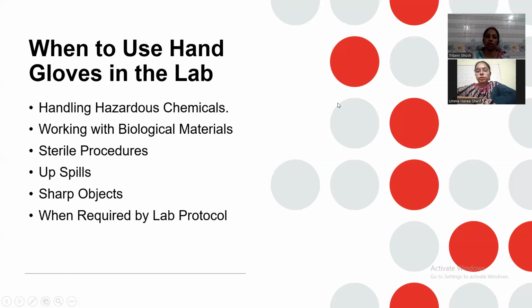Then, when we work with biological materials, like the patient samples, you don't know what kind of sample you are working with. You are inoculating samples, growing microorganisms from those samples, and that could be harmful for you.